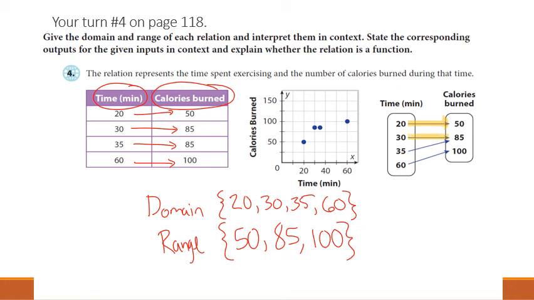The 30 is only going to the 85. The 35 is only going to the 85. They could both end up with the same output, but there could only be one pathway from each input. And the 60 only has one ray going to 100, so this is a function. Every input has only one output.